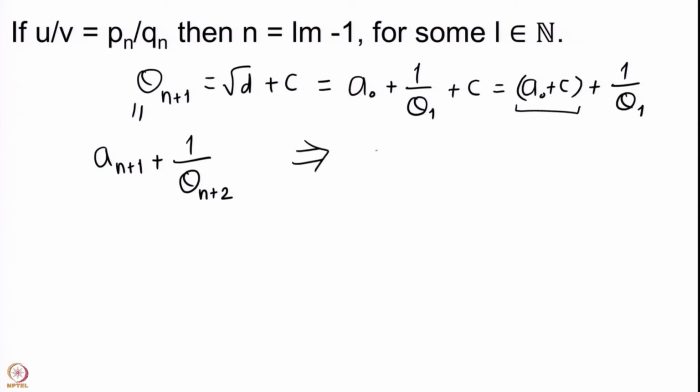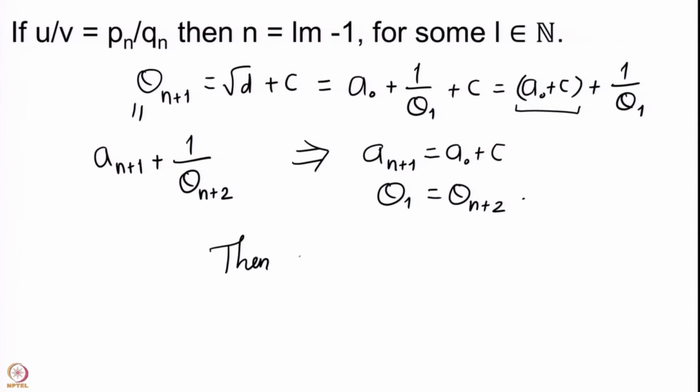So, this expression gives us that a n plus 1 is a naught plus c, and then you should have that theta 1 is theta n plus 2, which means that the theta 1 is obtained after the n plus 1 steps. So, n plus 1 has to be a multiple of your period m. You remember, m was chosen to be the smallest possible such number where you get periodicity.